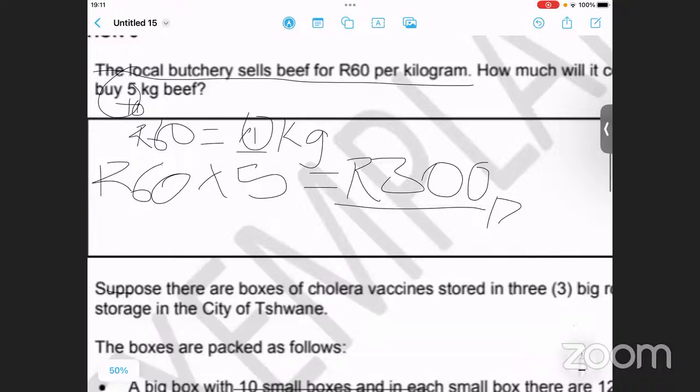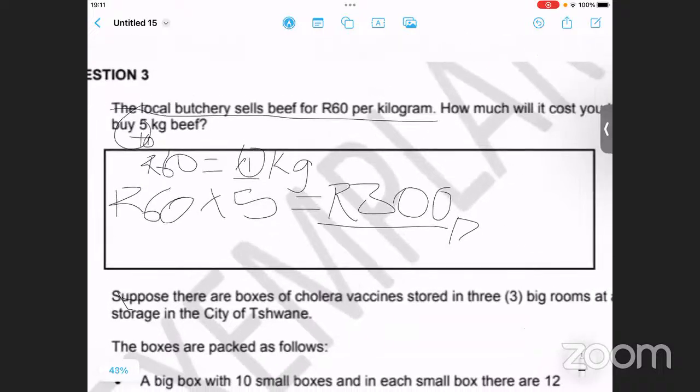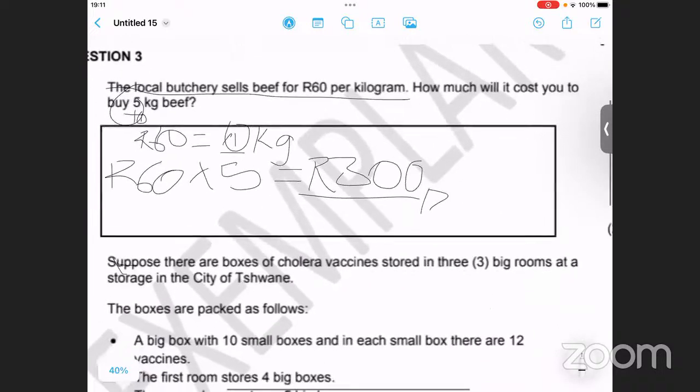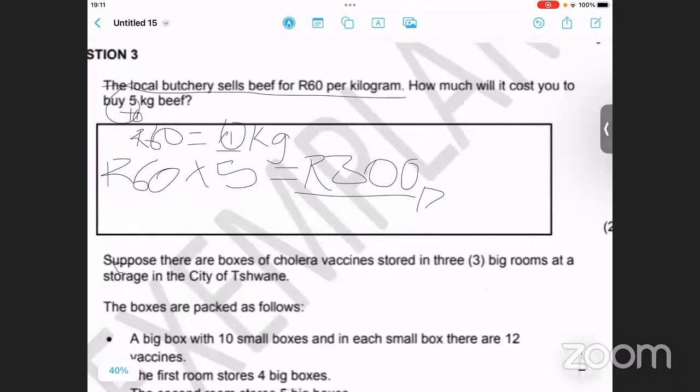It'll be 600 rands. And how did you do it? I said 60 multiplied by 10. Okay. That's okay.